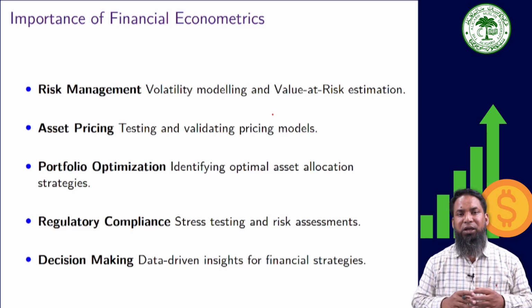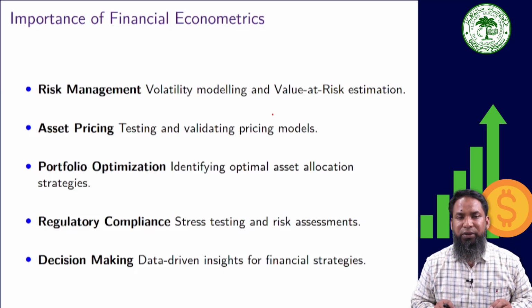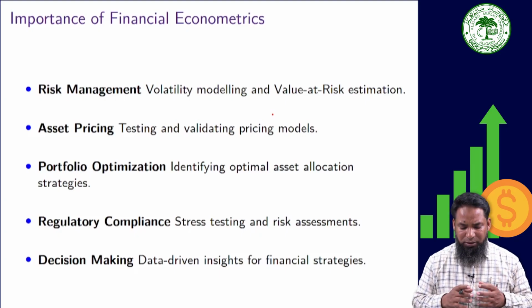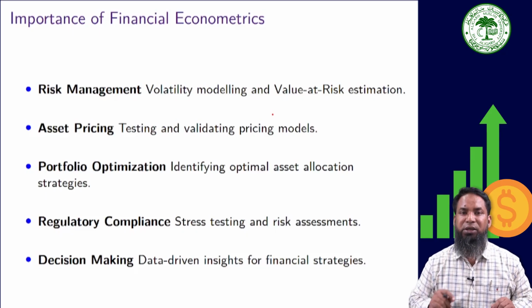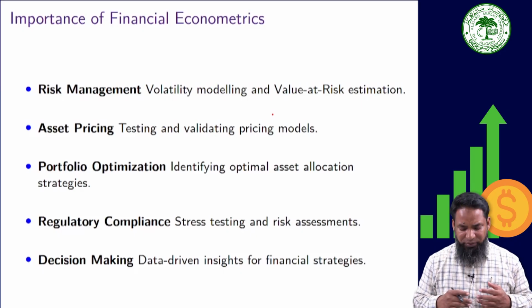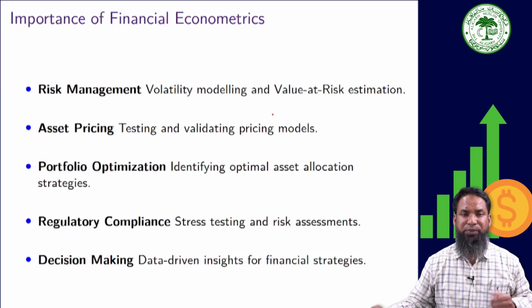Basically, by assessing the different conditions of the financial markets, we have to take decisions, and to assess those various aspects of the financial markets, we rely on financial econometrics. So financial econometrics also helps us with decision making.